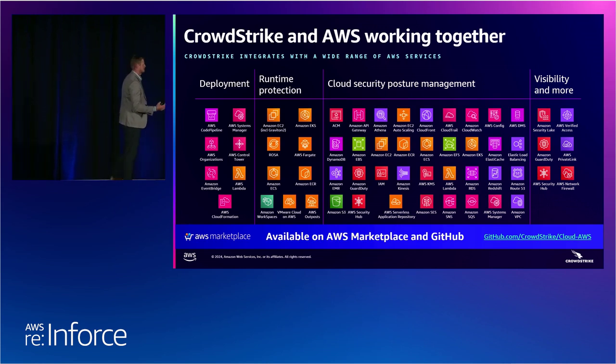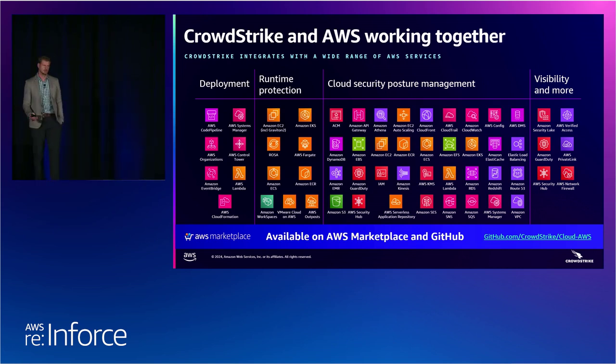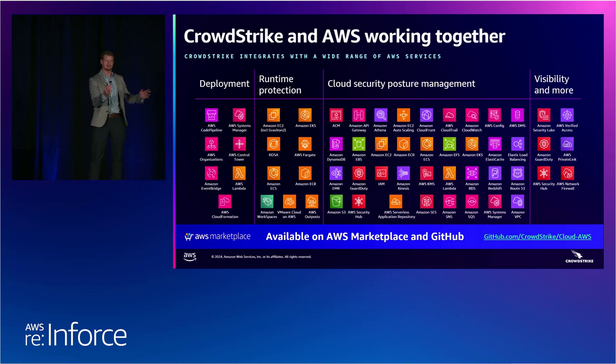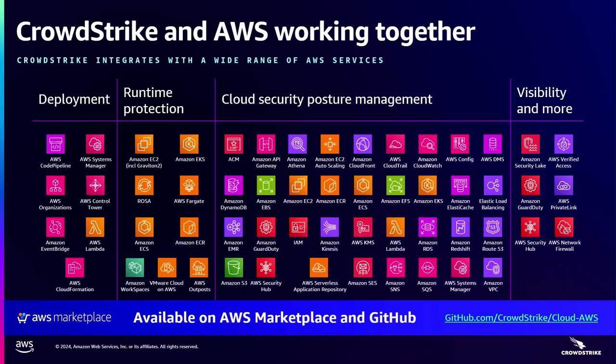We're a great partner with AWS, continuing to grow and build with them and make sure that we're securing as you're innovating, building and scaling, just as Rob mentioned, from pre-runtime, pre-deployment to runtime to your cloud posture, and even that visibility. This is a comprehensive view of the integrations we have, and what Rob talked about as well.